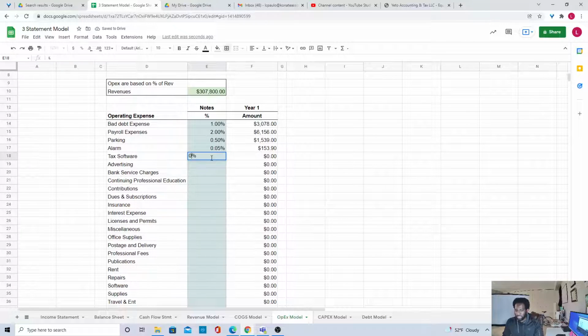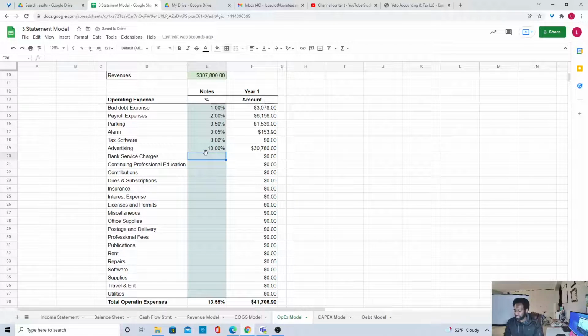So I'll put 0 for advertising. I'm going to spend 10% of the revenue on advertising, 0.5% of my revenue on bank fees.